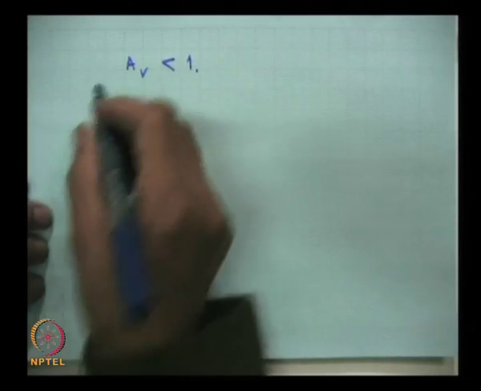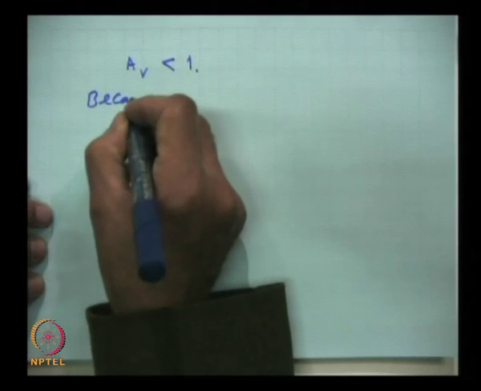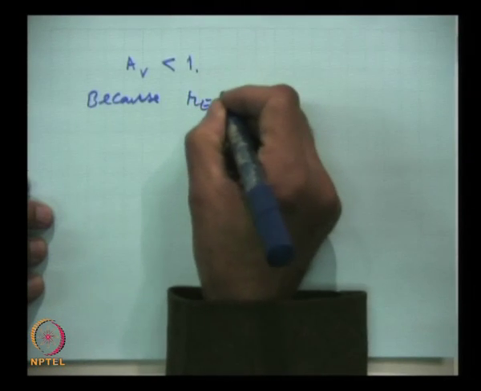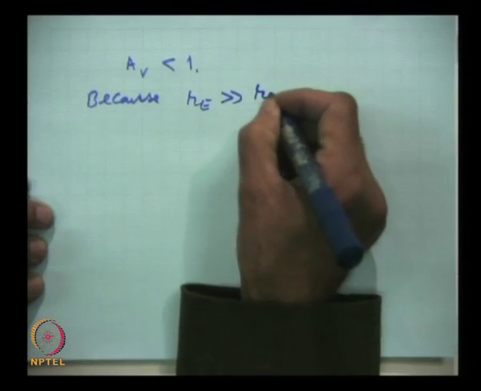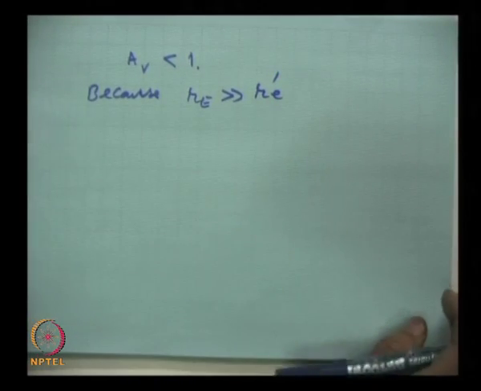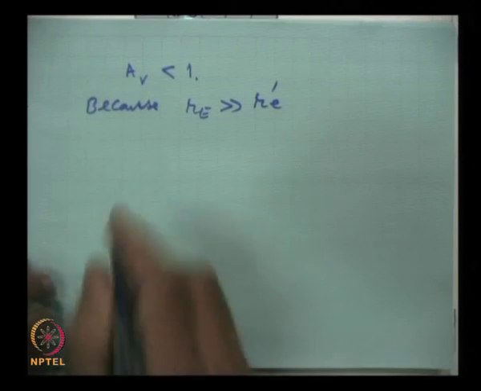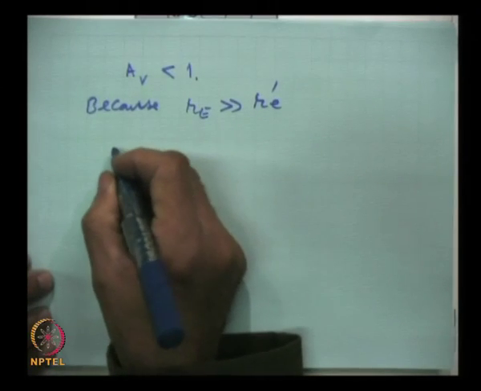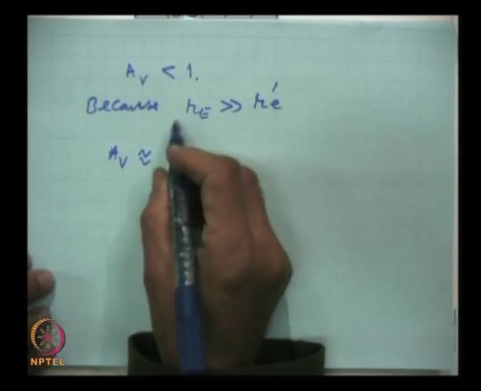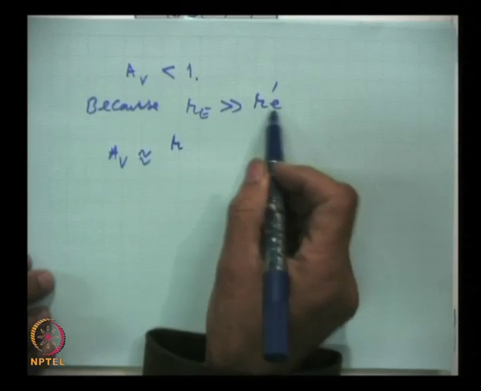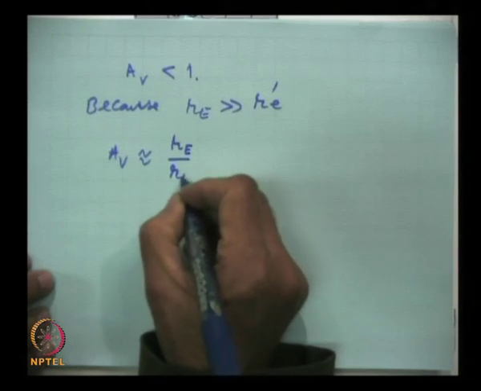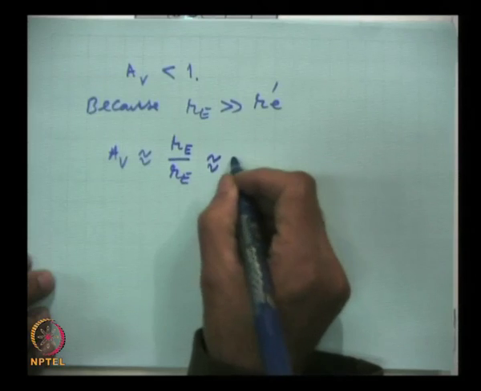But because this R_E is very high as compared to r_e', when we neglect r_e' in the denominator, A_V turns out to be R_E by R_E, which is close to 1.